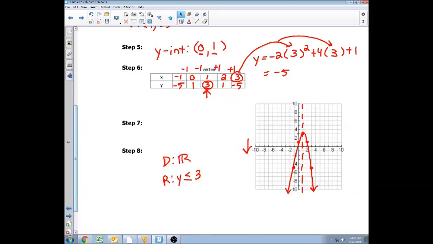Your domain will always be all real or the double bar R, and your range will be y is greater than or equal to if our graph opens up. It will be y is less than or equal to if our graph opens down, and the number you use there is your y value from your vertex.